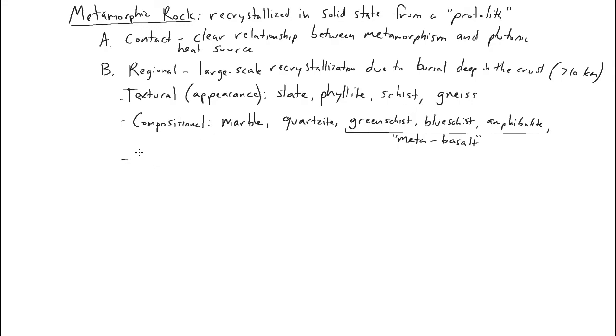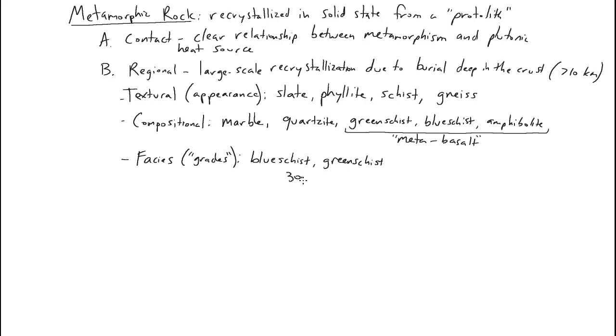And then we have what we call metamorphic facies or grades. This has to do more with the severity of the temperature and pressure that they've experienced. These have the same names as some of these things. They're named after what happens to a metabasalt at different temperatures. So the lowest temperature typically that we notice is blue schist or green schist facies.